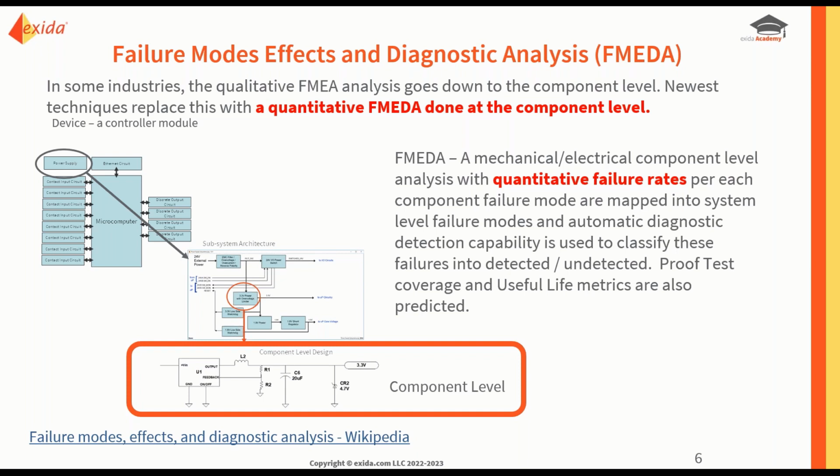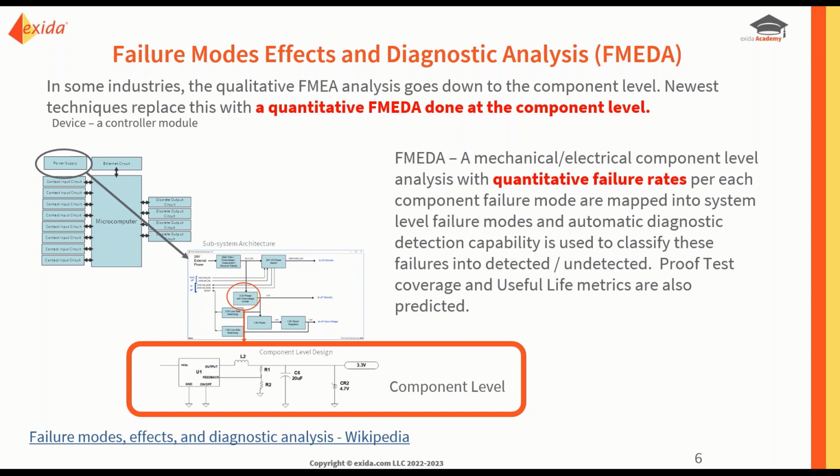For example, you may have a power supply. That's the first level, the first subsystem, but that power supply then may be further broken down into your power supply for your low logic level, your microcontroller, your microprocessor. You may have an isolated power supply, you may have AC power supply, and so on and so forth. For these subsystem architecture blocks, you describe the failure modes and the effect of those failure modes.